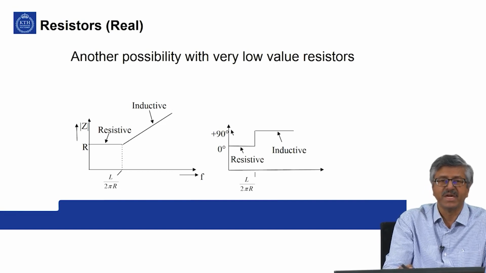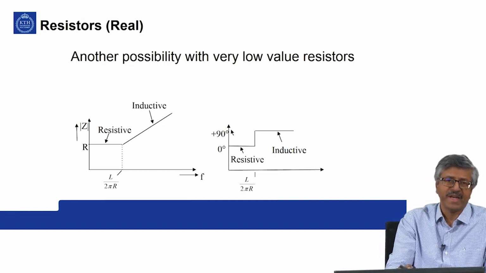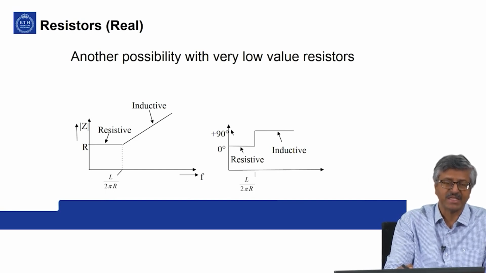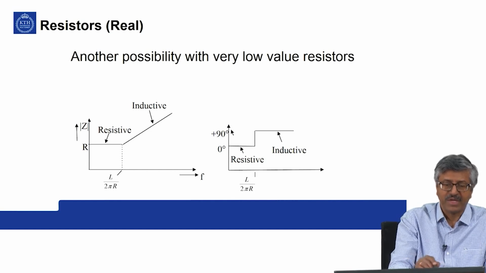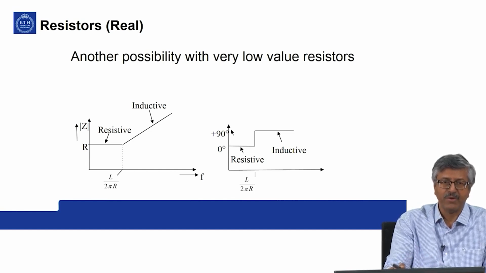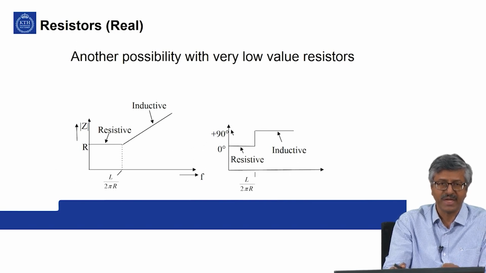So we often say that if you are selecting very low value resistors for an application, you have to be extremely careful about parasitic inductance, not really parasitic capacitance. That is where the main problem will happen, because this will be the Bode plot corresponding to it. From a low value resistor, you immediately go into the inductive part.